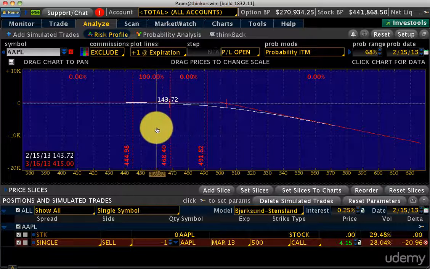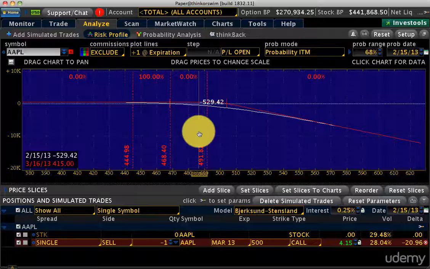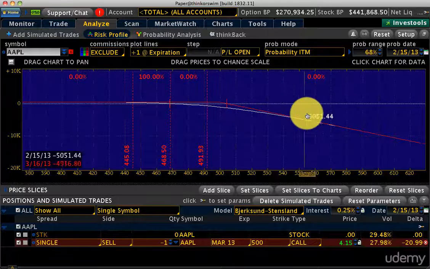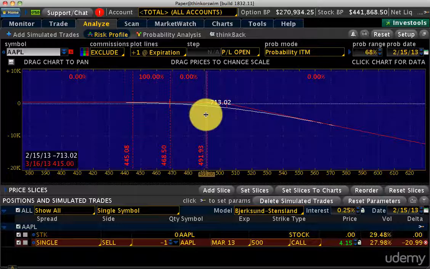So this way you can continue to generate about 1% income on shares that you already own, with the understanding that if Apple does hit those strike prices, then you're going to have to sell your shares of stock at that strike price and nothing less. So it's actually a win-win situation. If you already own stocks, you can definitely use covered calls to produce monthly income on your stocks. So this is a great strategy if you already own stocks, and you can not only produce monthly income, but you also get to sell at a price that is perfectly acceptable to you.